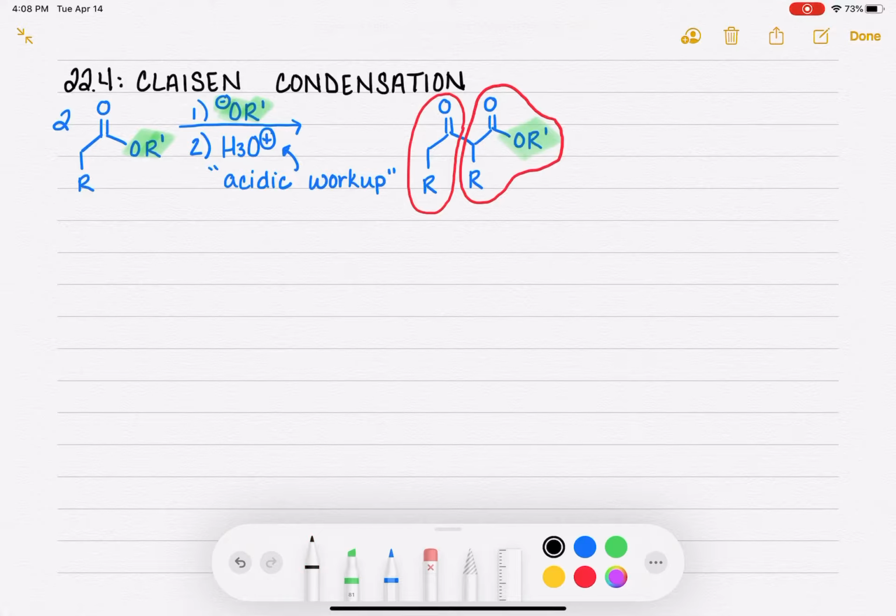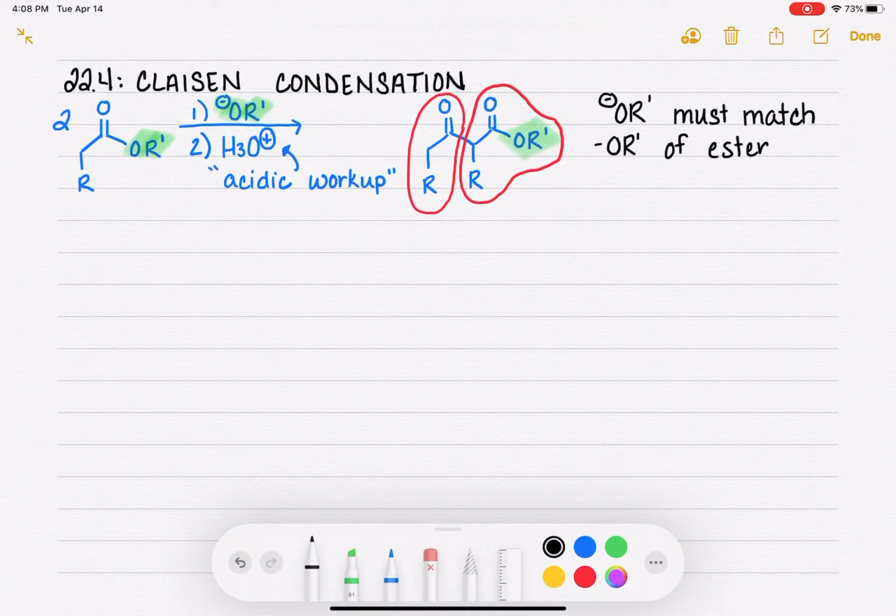So before we look at the mechanism, let's talk about the OR prime as I've used it in step 1. It's absolutely necessary. This has to match the OR of the ester.